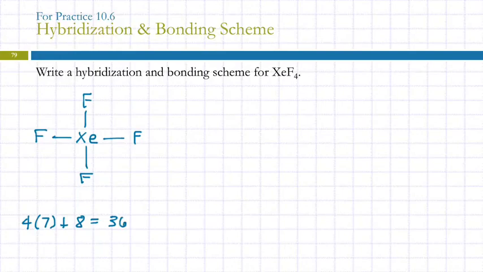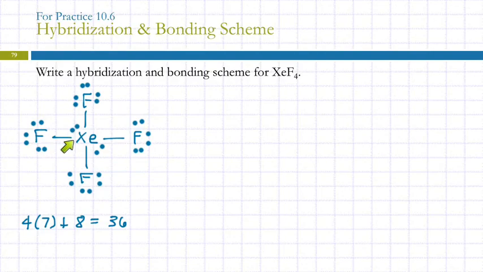So we've got 2, 4, 6, 8, 10, 12, 14, 16, 18, 20, 22, 24, 26, 28, 30, 32. Where do the others go? Central atom. 34, 36. Xenon is a big boy. He can expand his octet. So that's step 1, Lewis structure.